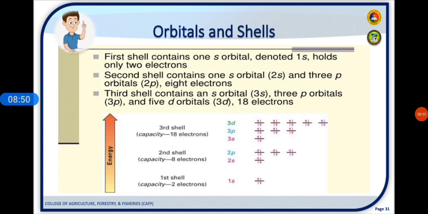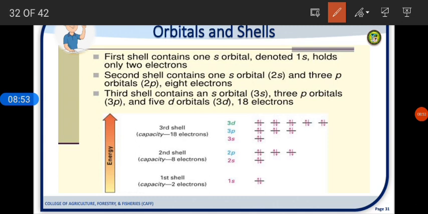The second shell contains the s orbital, which is the 2s, and 3 orbitals denoted as 2p, and all in all, this contains 8 electrons. And for the third shell, you have the s orbital, the 3 p orbitals, and the 5 d orbitals denoted as 3d. So it contains 18 electrons at maximum.